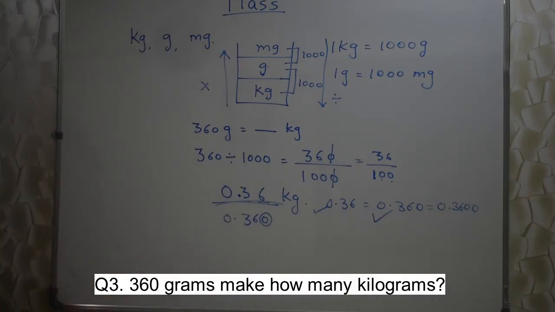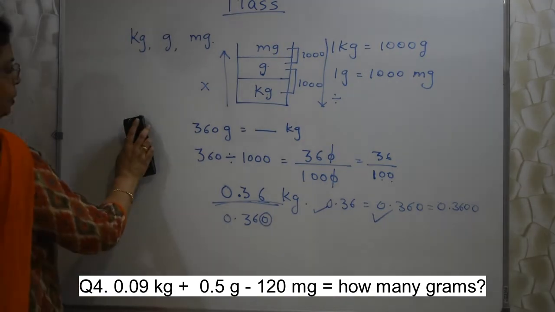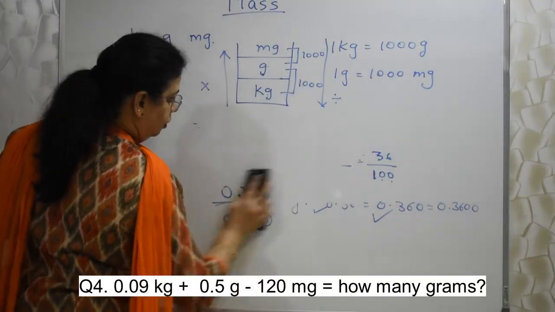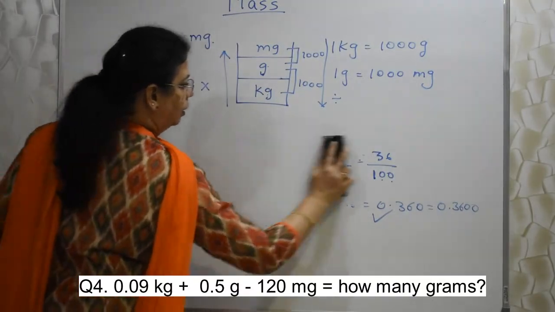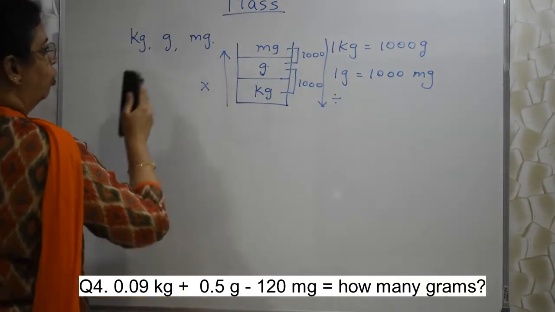Next one, very interesting sum. 0.09 kg plus 0.5 grams minus 120 milligram is equal to how many grams? It is nothing but the conversion which you can do with the help of this whatever I have given you.